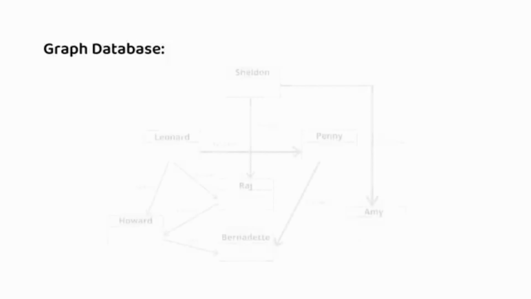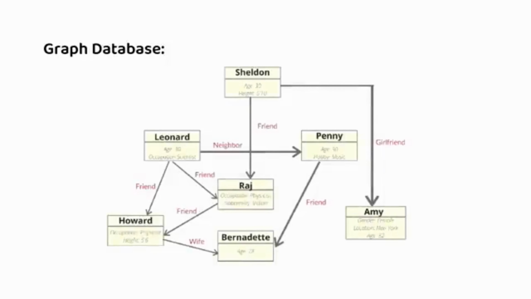Hence, in a graph database, data is stored as nodes and relationships are represented through edges. If you are working with data where relationships or connections between data are most important, then a graph database is the right choice. Graph database is useful when searching for specific patterns like fraud detection through money laundering, transactions, etc. Example can be Neo4j database.